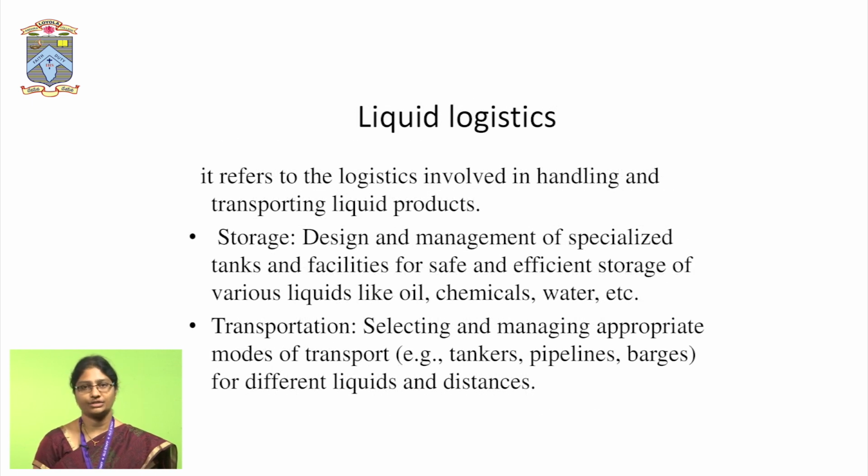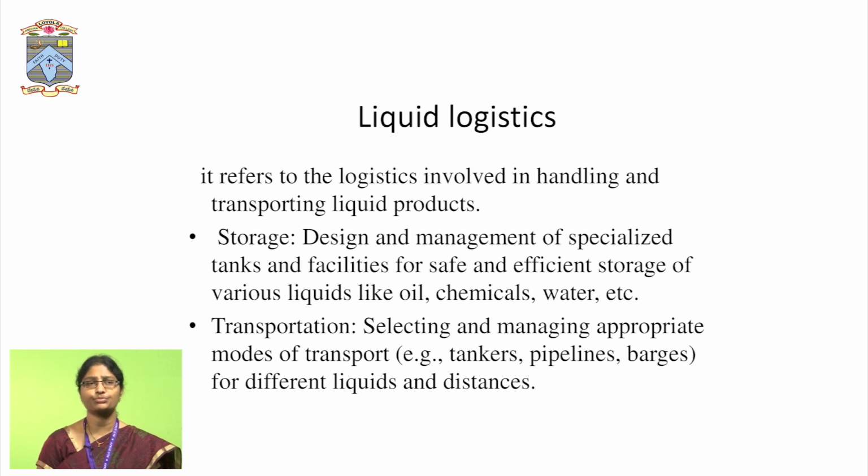Next, liquid logistics. Whatever materials are in liquid form are going to opt for liquid logistics, especially chemicals, crude oils, water, milk, where they are going to maintain separate types of transportation cargoes.